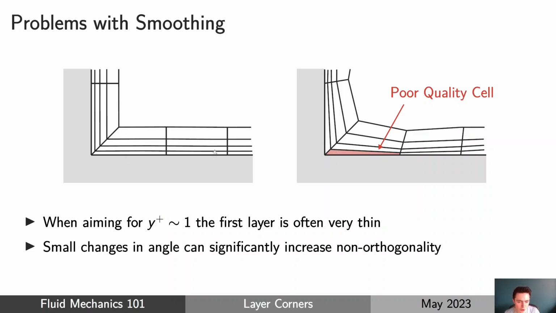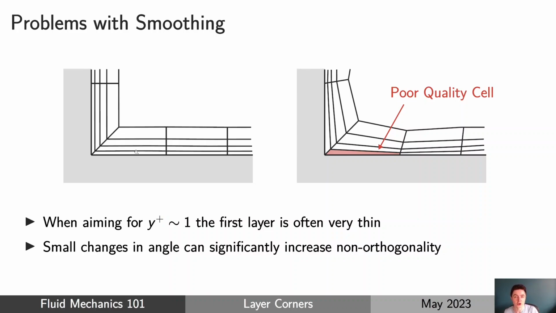Now, that won't be a problem for our original mesh because, of course, these layers at the bottom, even though they're very thin and they will always be very thin because we've specified a very thin first layer height, that normal vector is at 90 degrees exactly to the wall.